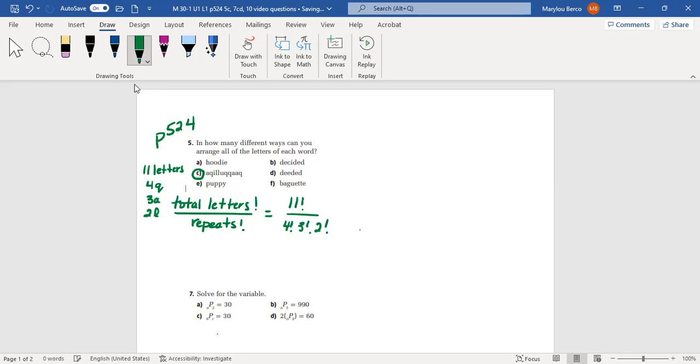And remember, when you're using your calculator to calculate this, you always put your denominator in brackets. Okay, and we have a total of 138,600 arrangements.